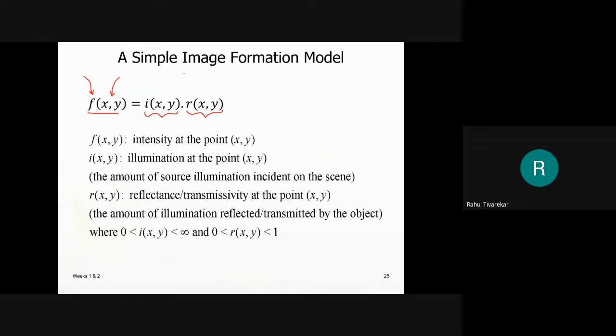So depending on the type of substance on which the light is incident, the reflectance will be different, and hence f will be different for different materials, and accordingly we will see different amounts of reflected light from the scenery, and that our eye considers as an image.